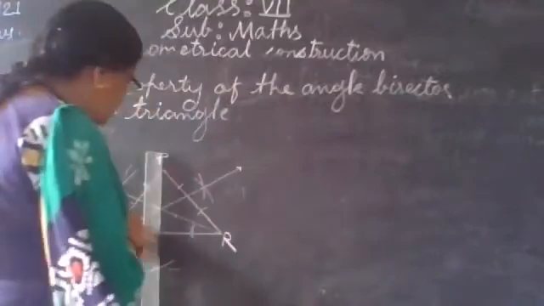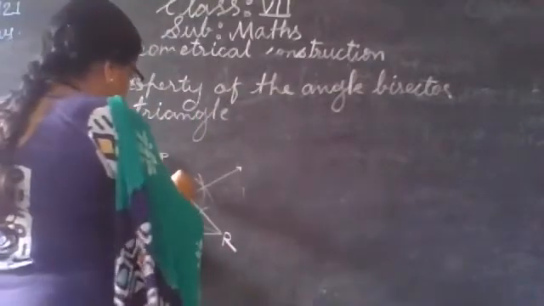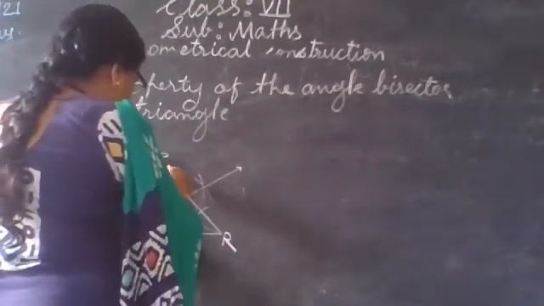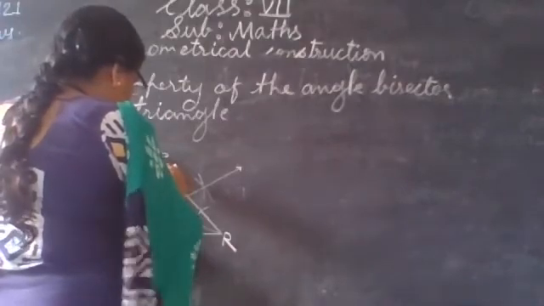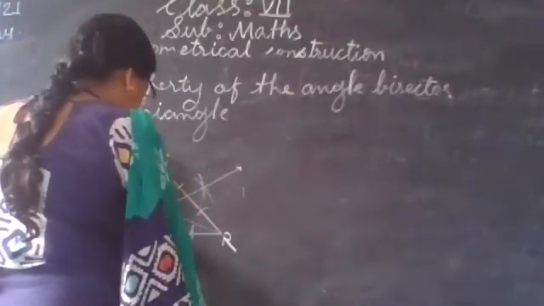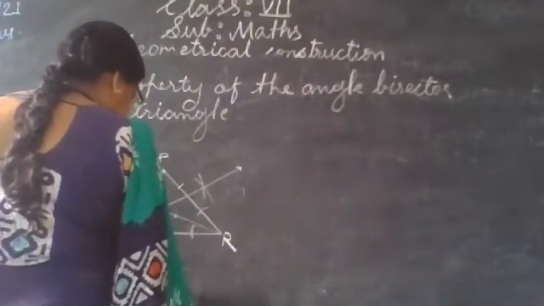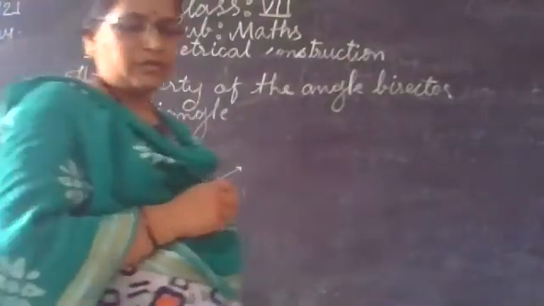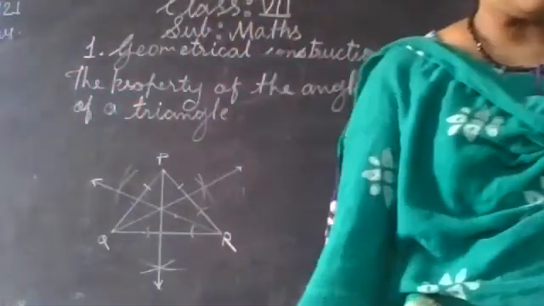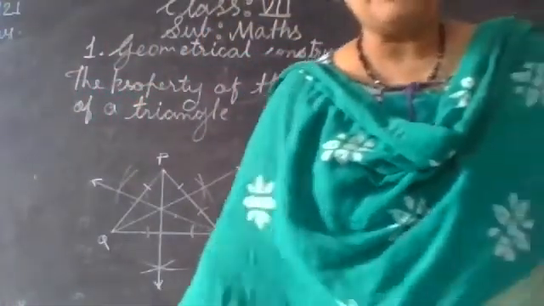See, properly adjust your scale and draw. So in this way, we have bisected all the 3 angles of this triangle.